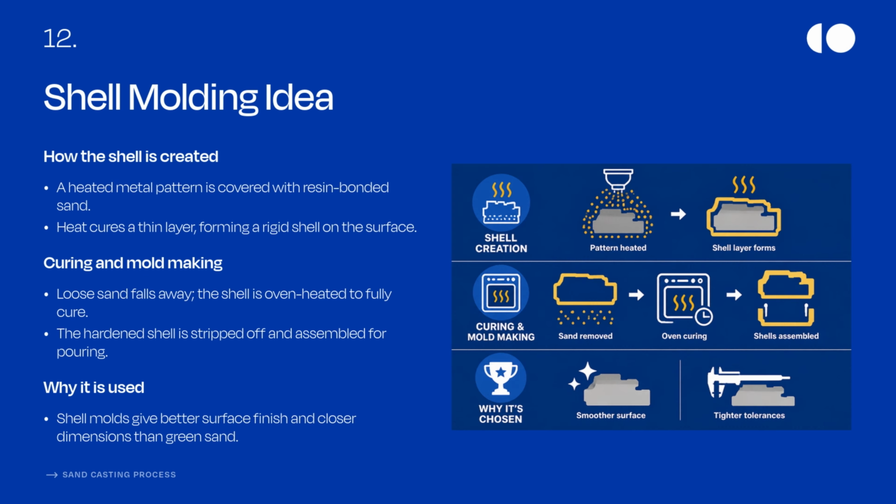The shell is oven heated to fully cure. The hardened shell is stripped off and assembled for pouring. Why is it used? Shell molds give better surface finish and closer dimensions than green sand molding.